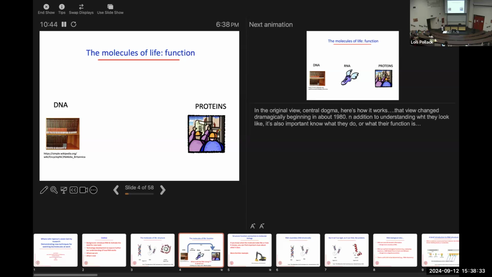And in this early view, the third one, which was RNA, was viewed as a messenger because the DNA is so important and contains such critical information, it has to be sequestered away. I view it as a reference library, so it's in the reference section, it can't come out.